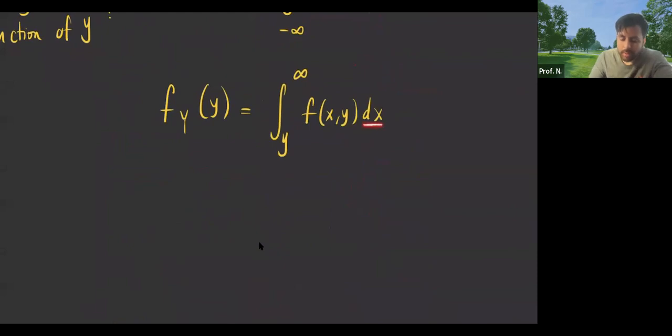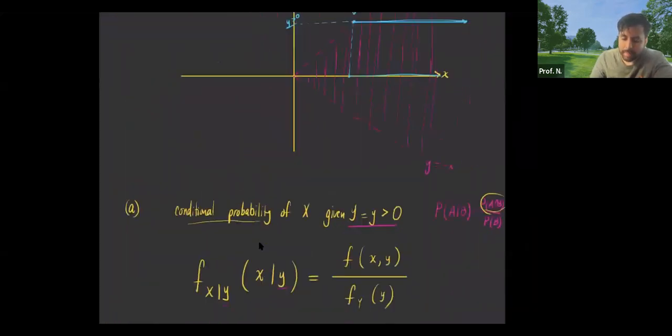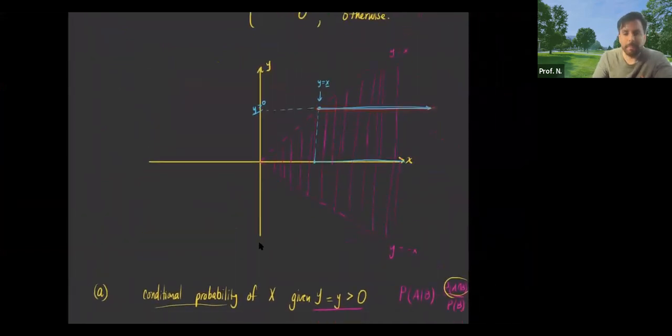It's saying what do the x values range over given y bigger than 0. Well, they range from y to infinity, and that's because of the nature of this region, geometrically speaking.